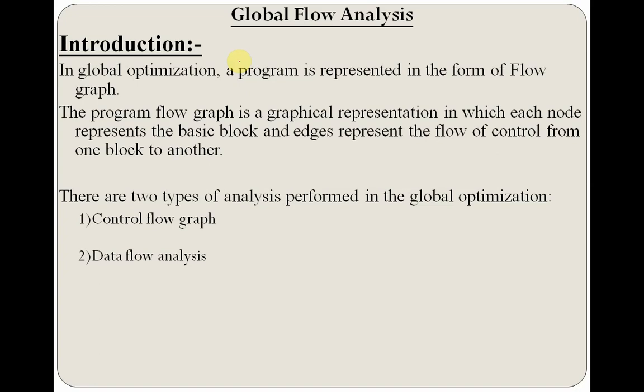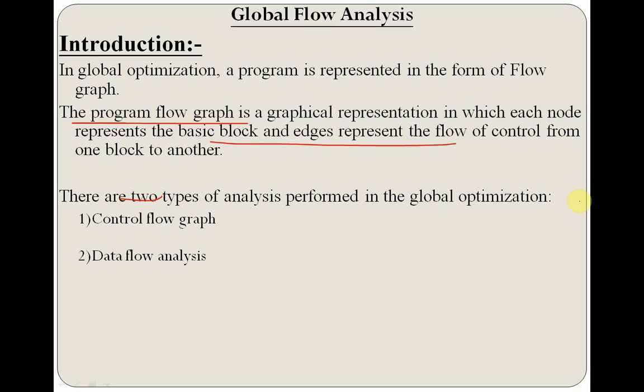Next, global flow analysis. In global flow analysis, a program is represented in the form of flow graph. So what is flow graph? We know, flow graph is a graphical representation of the 3 address code in which each node represents a basic block and edges represent the flow of control from one block to another block.